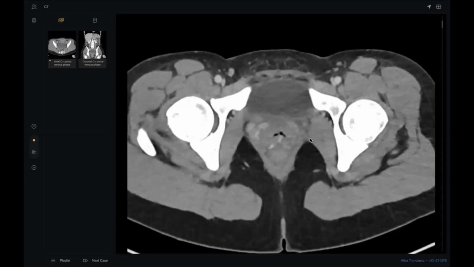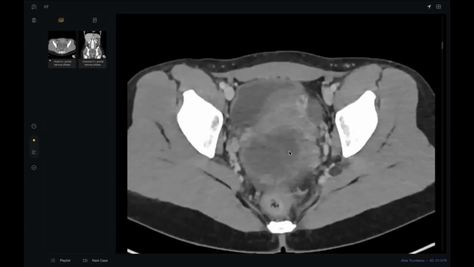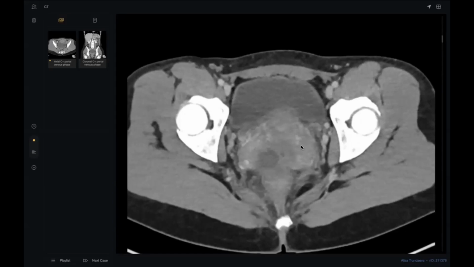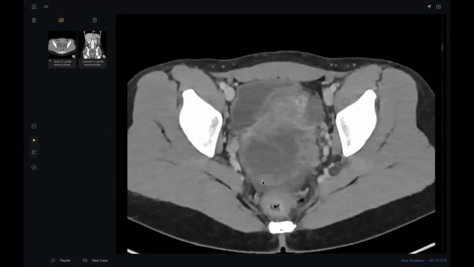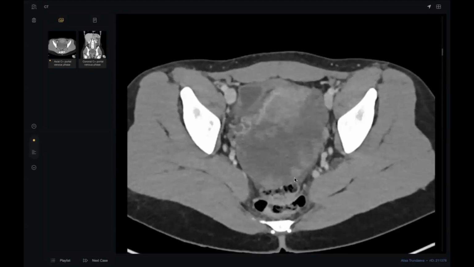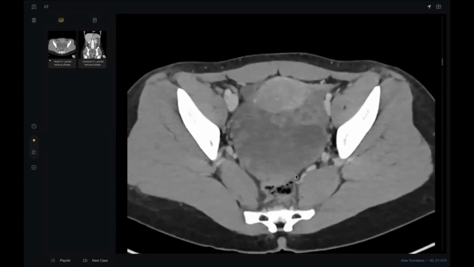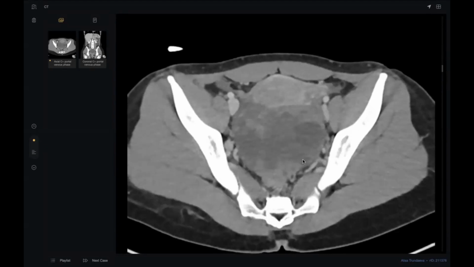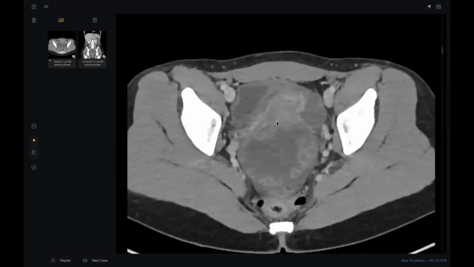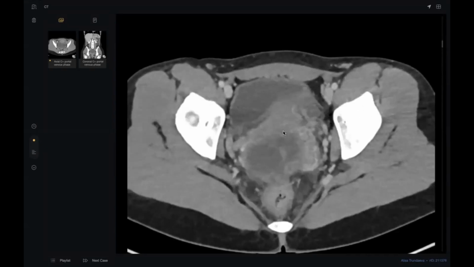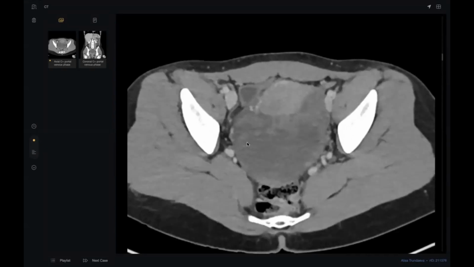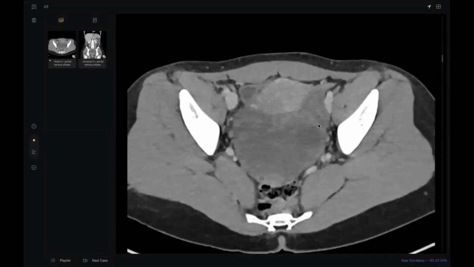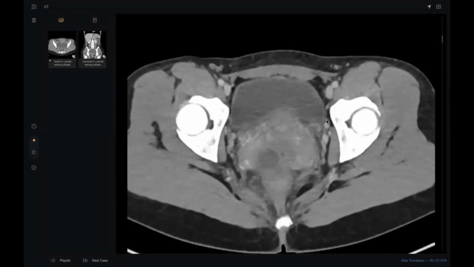I can see the uterine cavity. The mass is more towards the right side with hypodense areas suggestive of cystic areas inside. I'm trying to look for the ovaries, the right ovary, and I cannot see the ovaries separately.